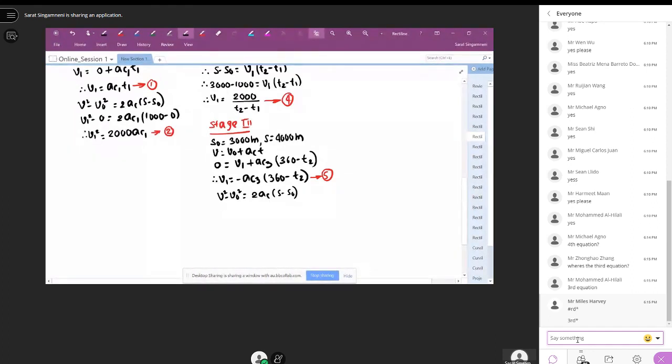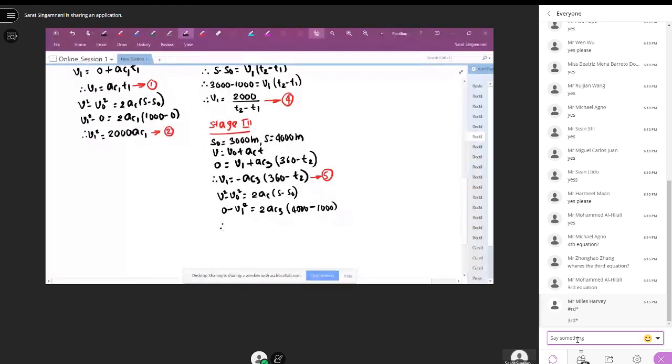So for the conditions of the third stage, 0 minus V1 square is equal to 2AC3 times, this is 4000 minus S0, 1000.